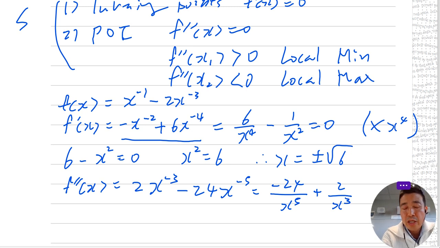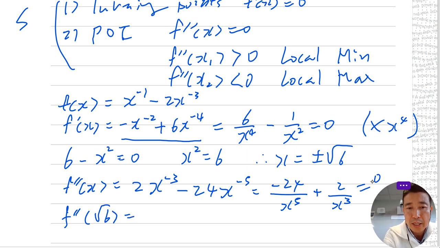Can it be 0? No way, because x can't be 0. So it is not a point of inflection for sure. So let's identify: if I plug plus square root of 6 into this equation, what do you get?